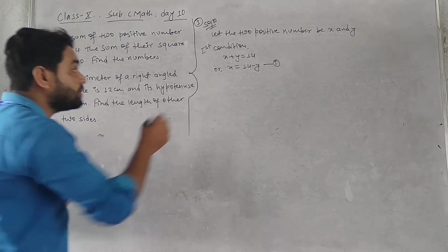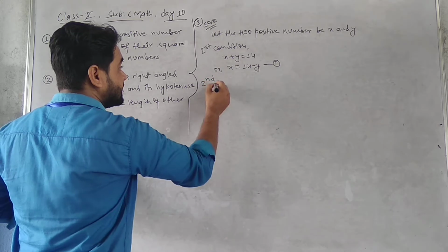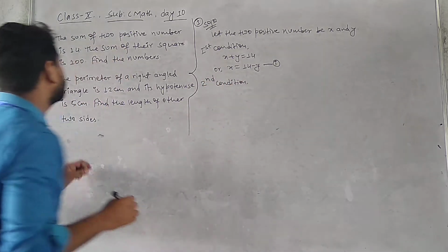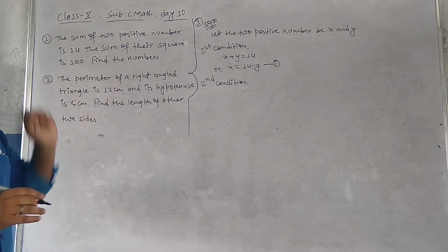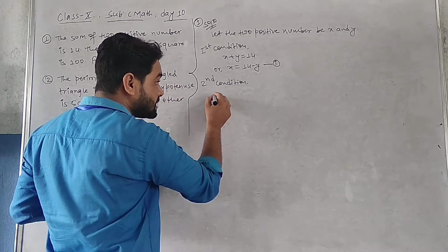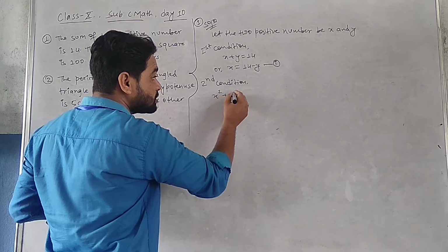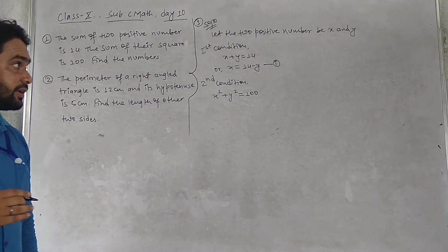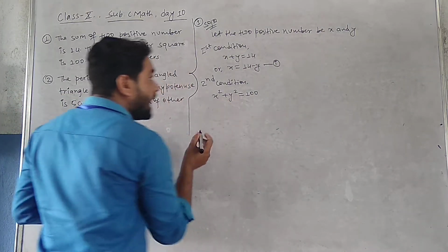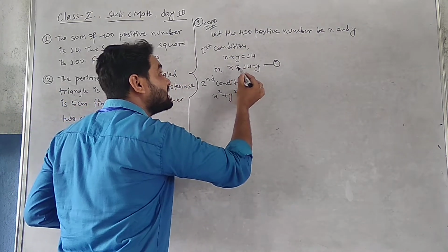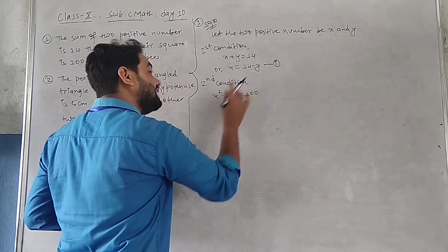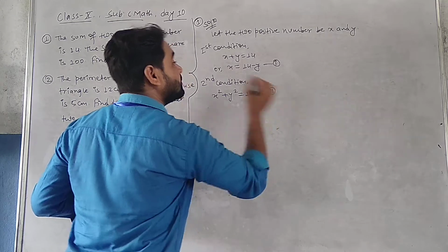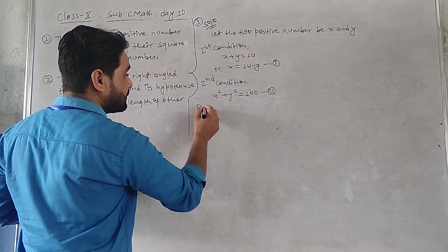Now from the second condition, it is given that the sum of their squares is 100. That is x square plus y square equals 100. Now we put the value of x equals 14 minus y in equation second.